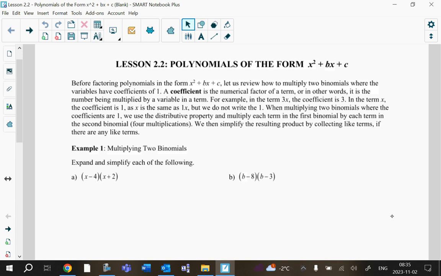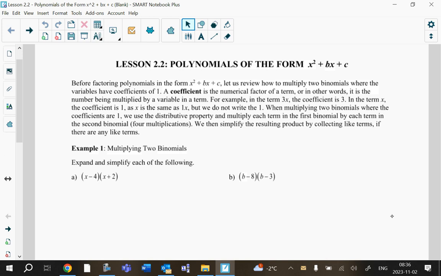And the first type of factoring that we learned was called, what did I call it? Really? No one? GCF, or for short, GCF factoring.